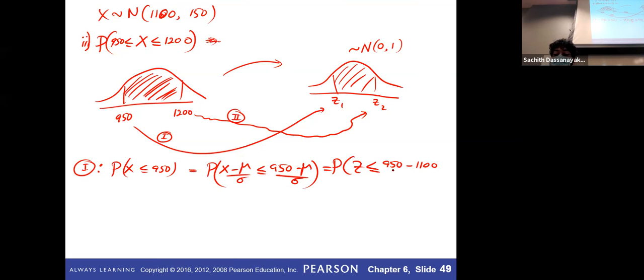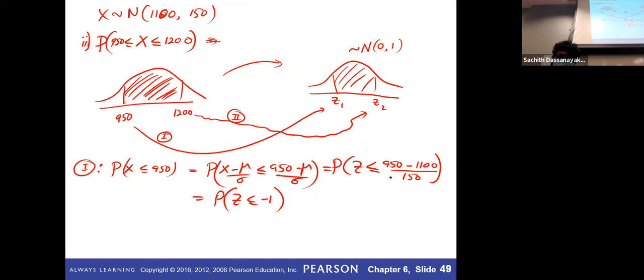Sorry, 1100 divided by 100. Yes. This means it is -1. 950, it is 50.